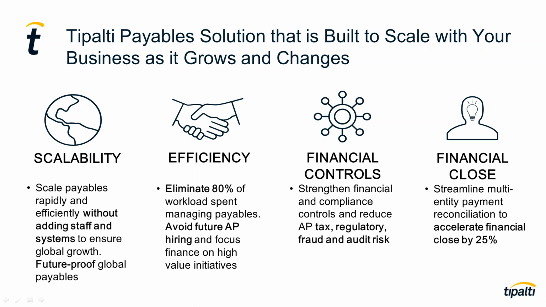Now moving on to the third differentiator, which is the financial controls part. One of the key challenges of any organization, especially the CFOs, is that their key responsibility is to ensure that financial controls and compliance are in place. And they have to be confident that their AP transactions are not putting their company at risk, especially as they grow and become more global.